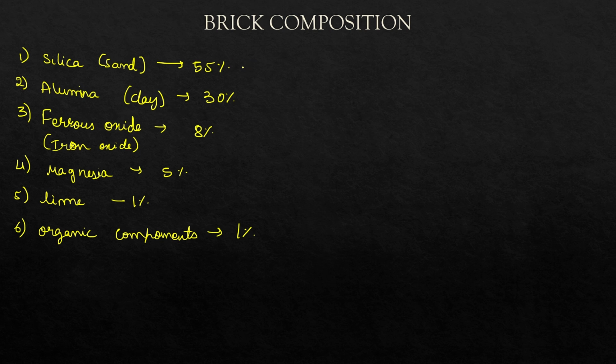Silica is present in maximum amount. This provides brittleness to the brick. Alumina is mainly used for the plasticity, or we can say for ease of moldability.